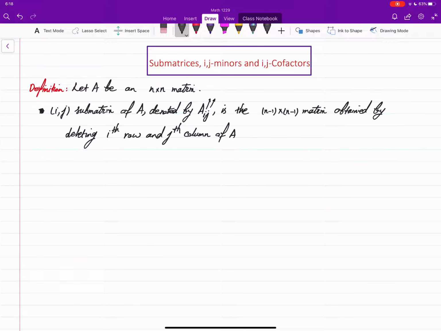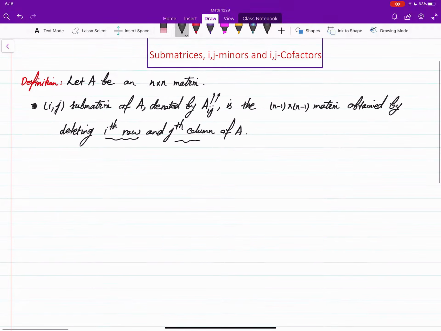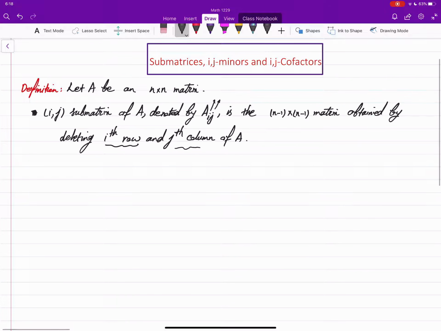So we delete the ith row and the jth column of A, and that gives you an n minus 1 by n minus 1 matrix. That's called the ij submatrix.